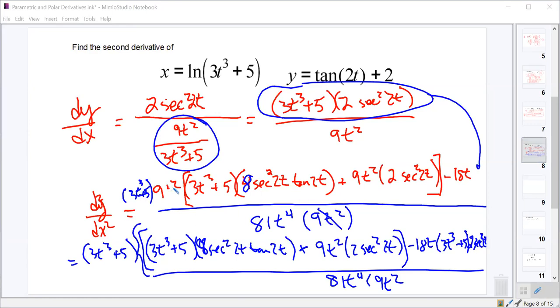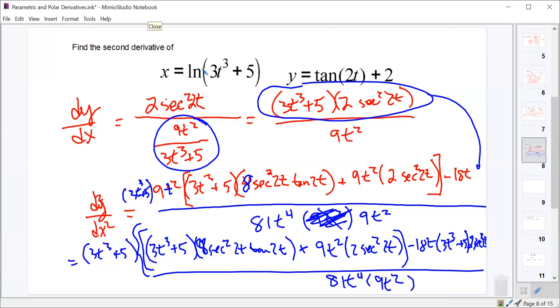This is now a 9t squared, and this still has a 9t squared in it. And this shouldn't have been canceled. So sorry about that. I won't give you any more that are that in-depth on this. They'll be easier than that, hopefully. A lot of a mess in there.